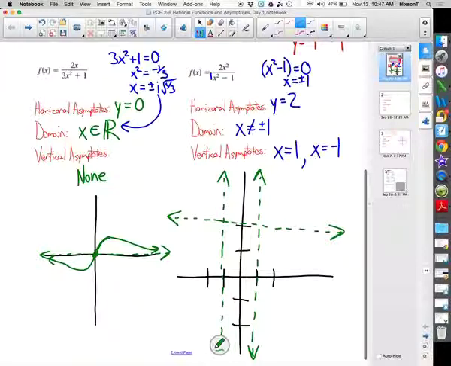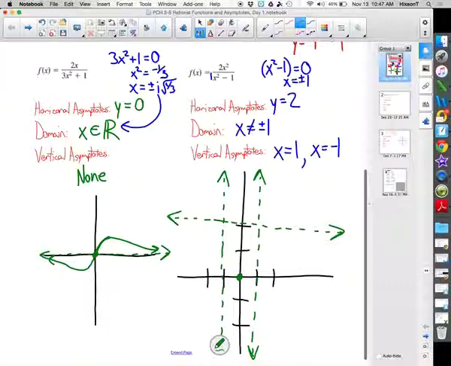Now, a couple of points would be helpful. The easiest one to find would be our y-intercept. What would our y-intercept equal? 0. Plug in x equals 0, you get 0 over -1. So I know I hit 0. And here's the thing, I know it can't be going up.